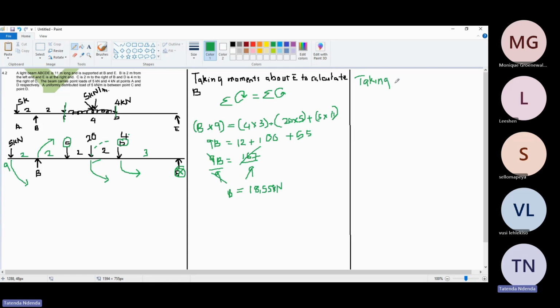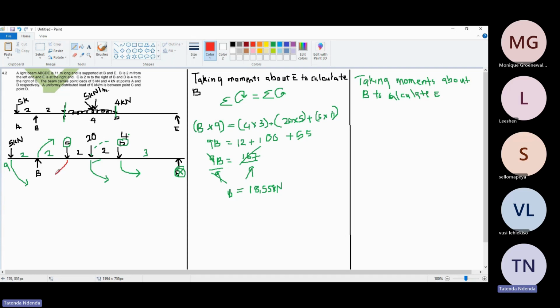So now we're going to say taking moments about E, so now it's about B to calculate E. So now it's going to be taking moments about B. Everything has to go to B now.